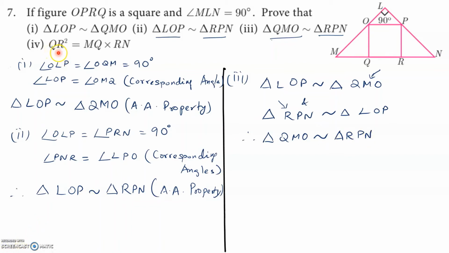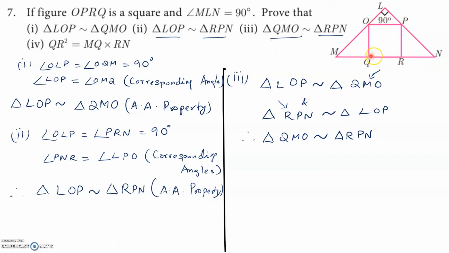And our fourth question is to find or prove QR squared is equal to MQ into RN. Okay, so what we're going to do is, QR is the side of the square QRPO. Okay, so this is a square.